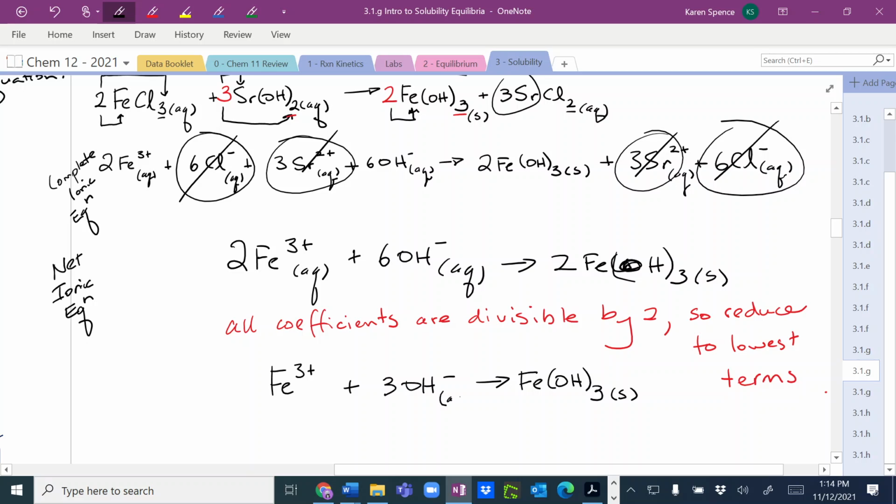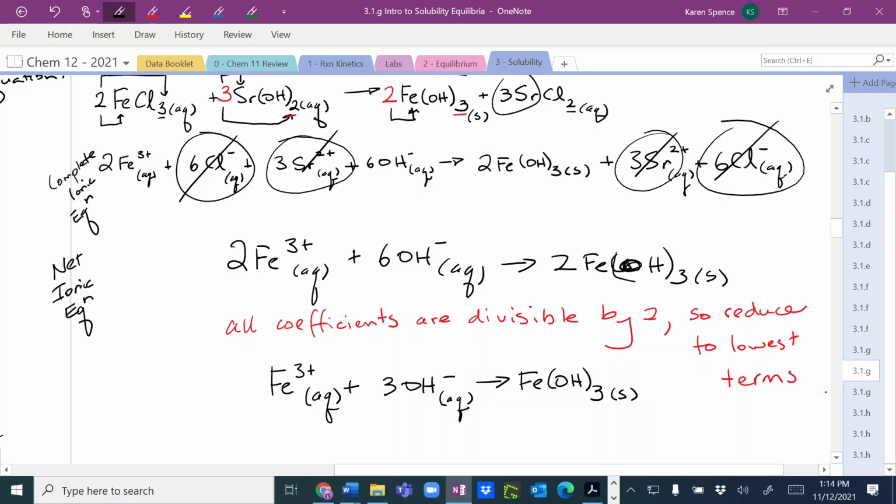If you're getting good at this whole process, and you don't need tons of practice on it anymore, you might choose to go straight to your net ionic equation when you're not being asked to do the whole thing.